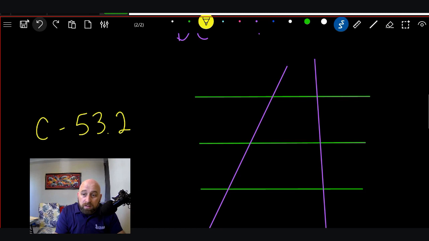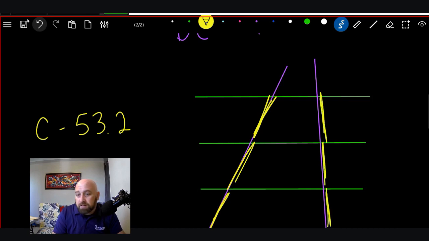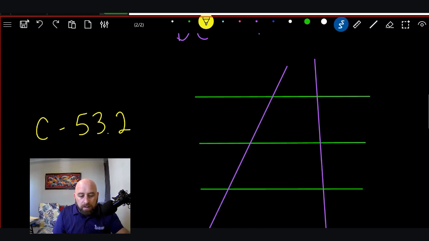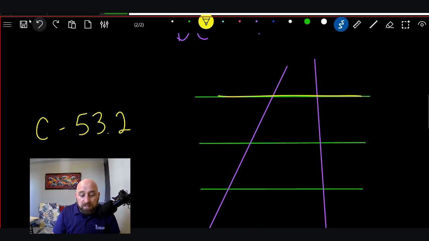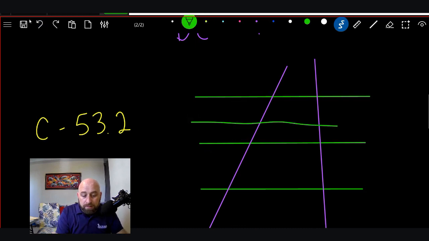So what they're saying is, in this case, this and this and this are proportional to this and this and this. And we've kind of already learned that before in another theorem and corollary, but now we're taking it to the next level. We're saying if we have multiple parallel lines, every one of them is proportional, and it doesn't matter where the parallel line is.